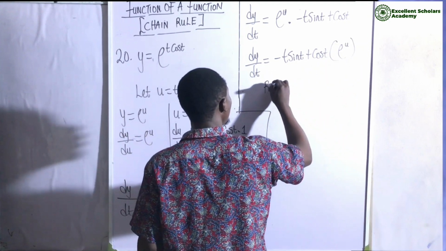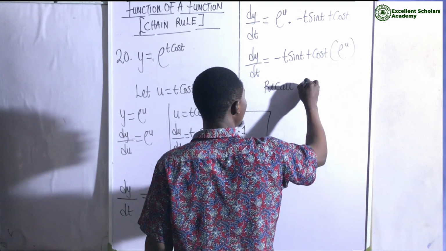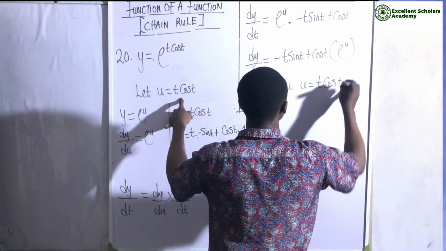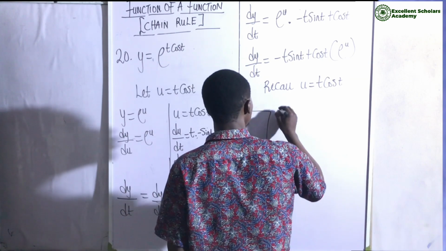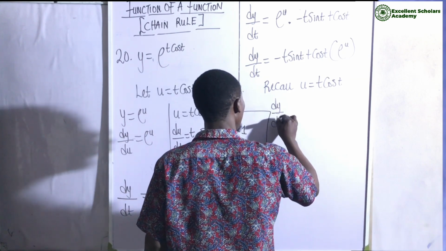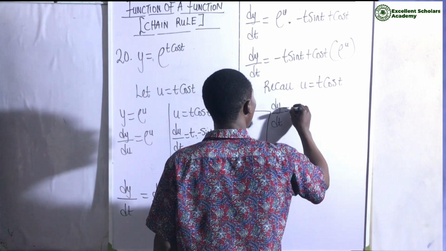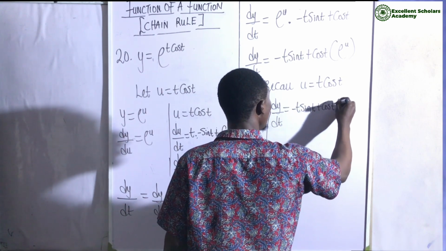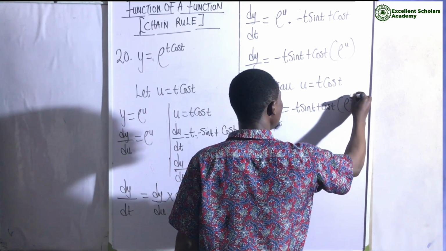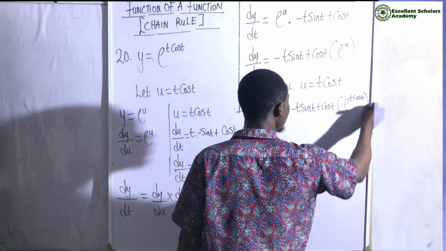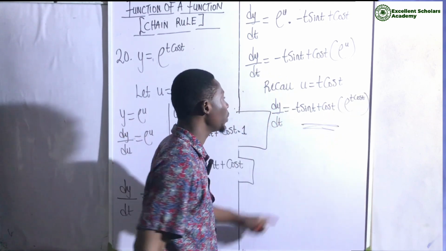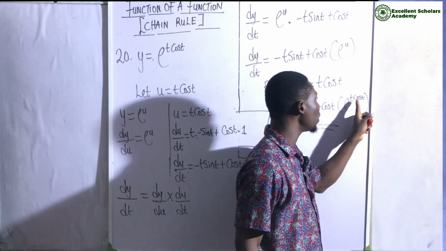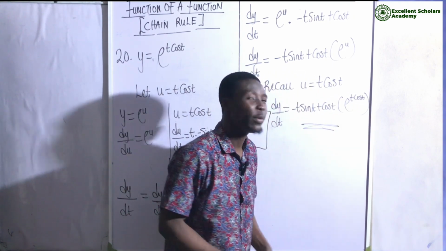So now recall that u equals t cos t. So dy dt will be equal to minus t sine t plus cos t, multiplied by exponential t cos t. And that'll be our final answer.